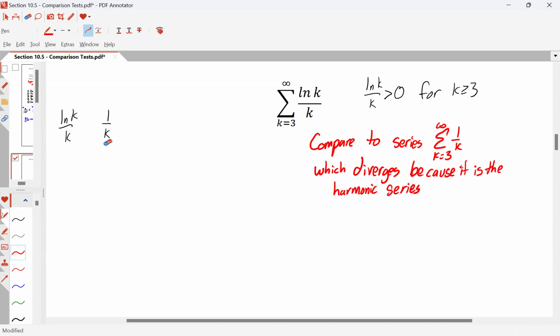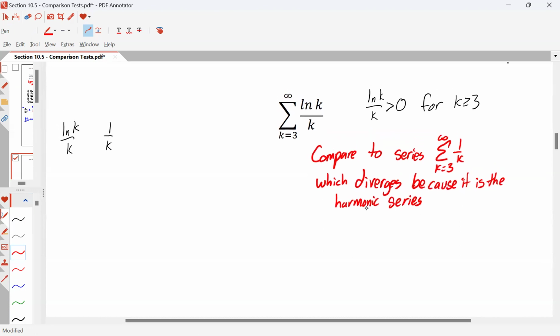So the natural log of k equals 1 at e. So natural log of e equals 1. However, e is smaller than 3. So that means the natural log of k, when k is bigger than 3, is bigger than 1.